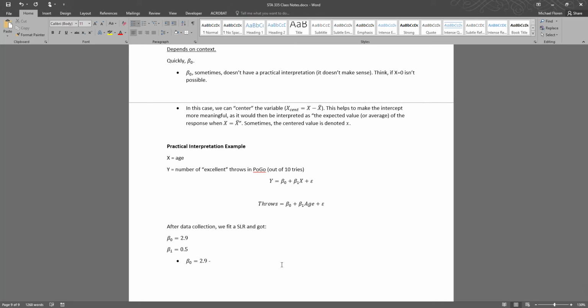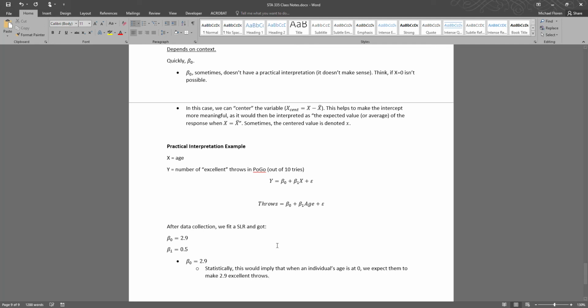Statistically, and we'll break it up into our interpretations, this would imply that when an individual's age is 0, we expect them to make 2.9 excellent throws.